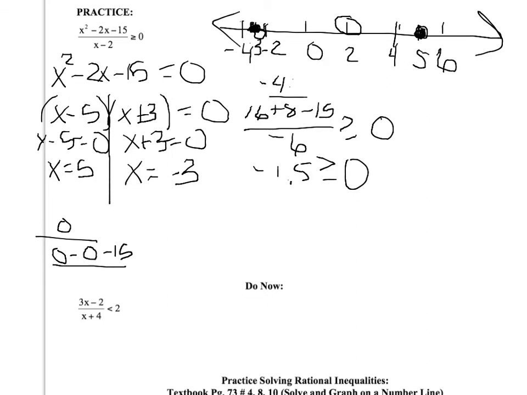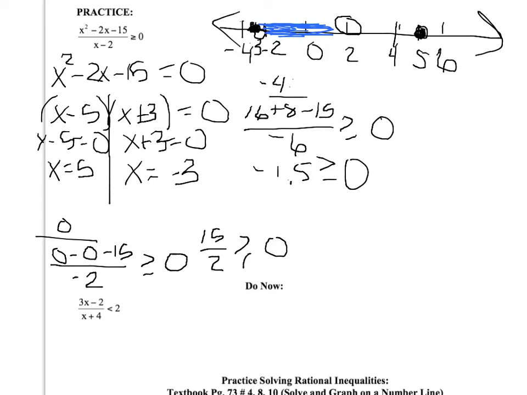Minus 15 over 0 minus 2, which is negative 2, has to be greater than or equal to 0. You'll get 15 halves, which is greater than or equal to 0, which is true. So let me show it in a different color just so you can see the shading. Since 0 worked, and 0 is in between these two circles, I'm going to shade in between the two circles.